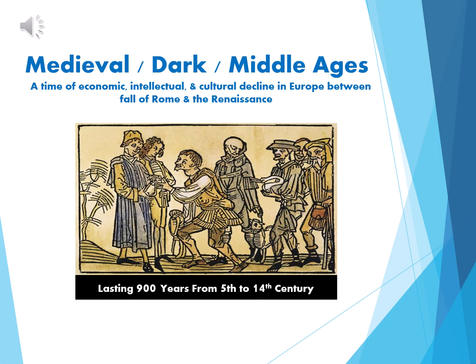So now let's consider a time period which goes by many names: medieval times, Dark Ages, Middle Ages. During this time period, Rome and the rest of Europe fell into an economic, intellectual, and cultural decline. Fear and suspicion and ignorance became the rule.